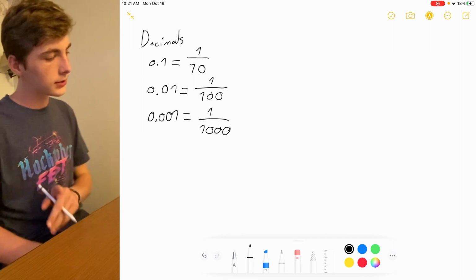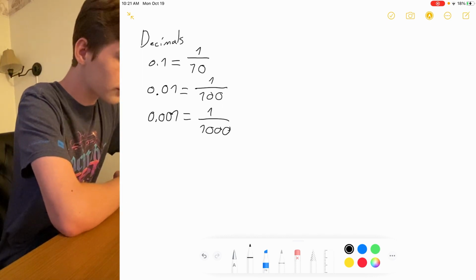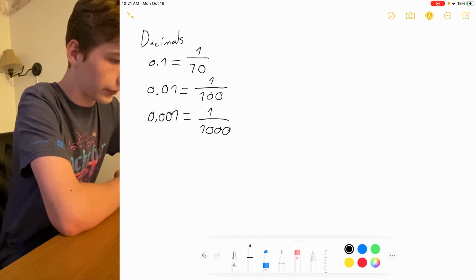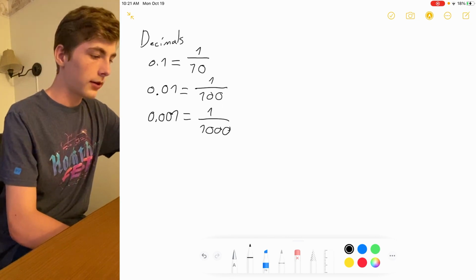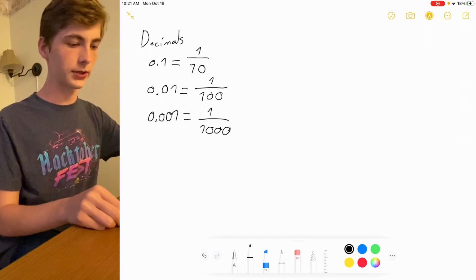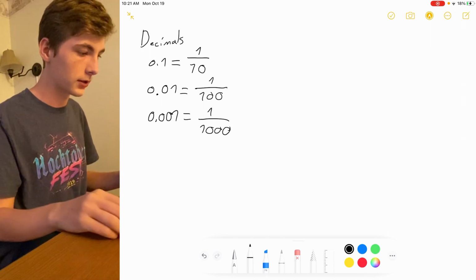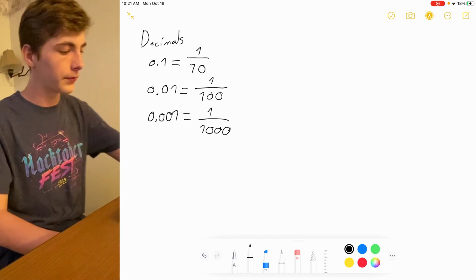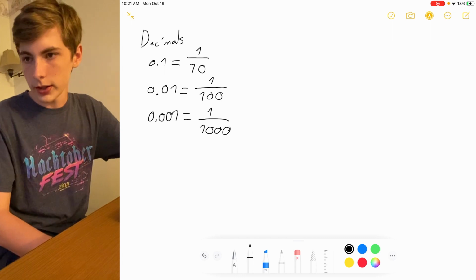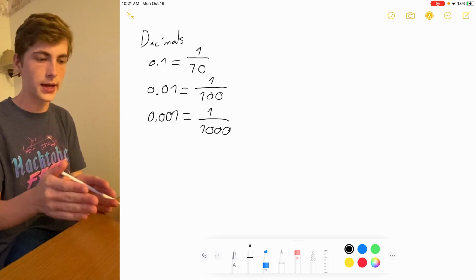And you might notice this is similar to an idea you might have learned earlier on, which is the idea of place value. So the way that the decimal system works, which is the system that we use in America, and a lot of the world uses this, not everybody does, but part of the way that this works is we have everything in tens, right?